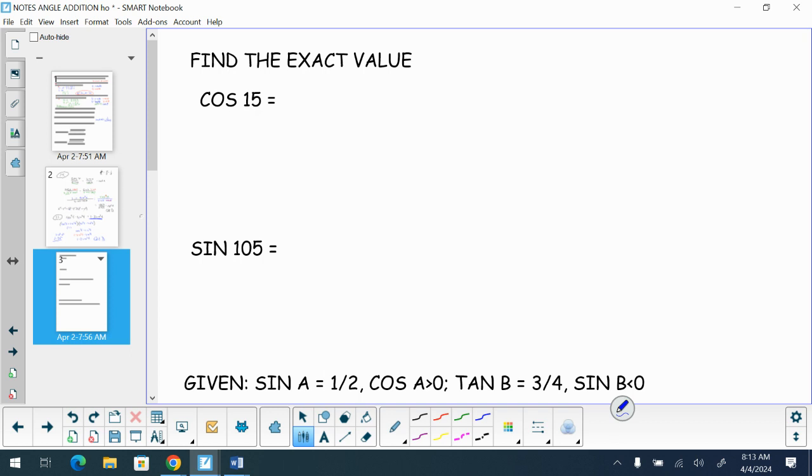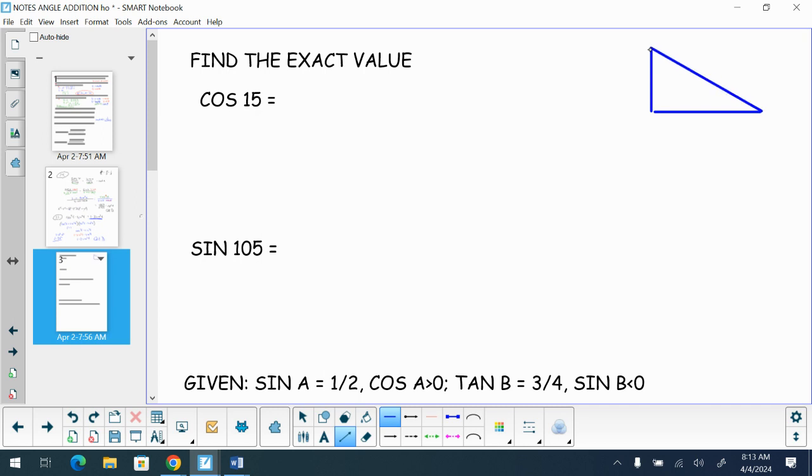But what we can find exact values for is if I have a 30-60 right triangle, we have across from the 30 is a 1, across from the hypotenuse is 2, and across from the 60 is the square root of 3.